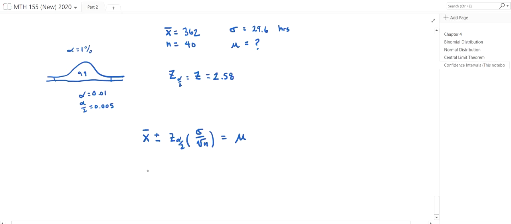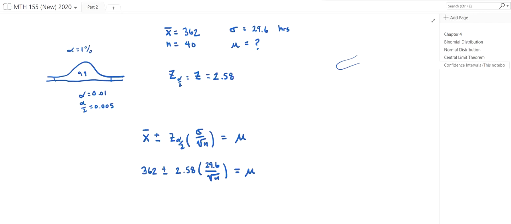So x bar equals 362 plus or minus 2.58 times 29.6 over square root of n. This is a little more compact. That's why I like to write it like this.